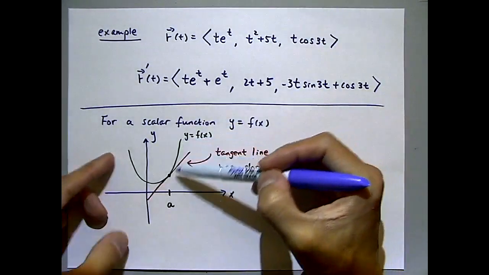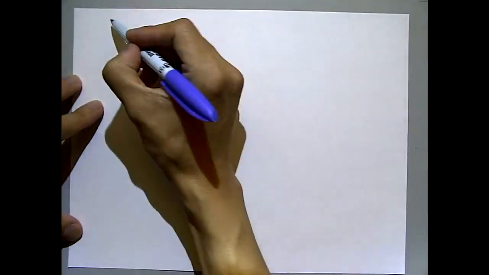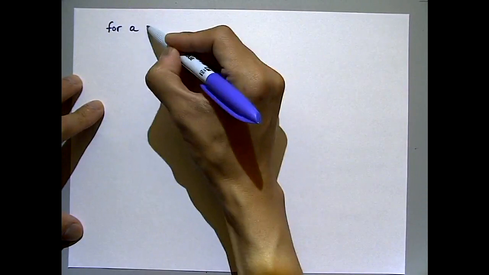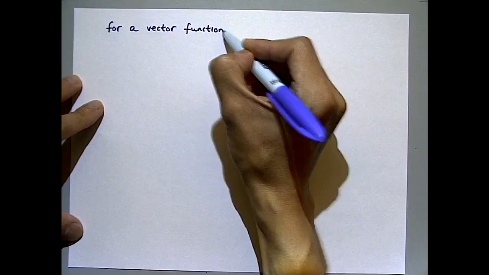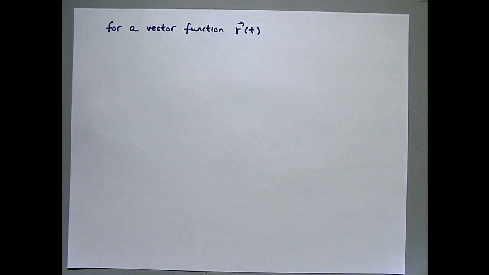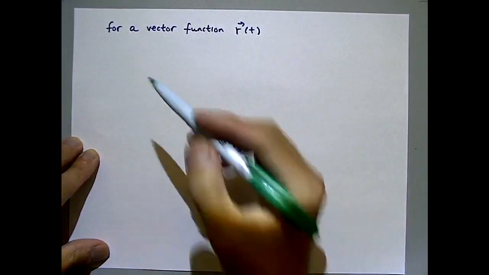Now, imagine this is not a scalar function, but a vector function. We're still going to get some kind of tangent thing out of it. And this time, instead of just a slope, we'll get a vector. For a vector function r of t, and you remember from last time, r of t describes a curve, a space curve.